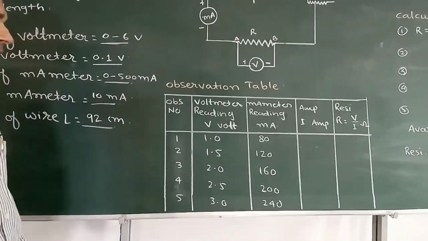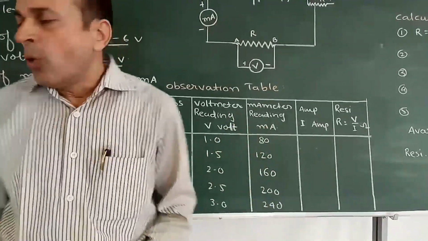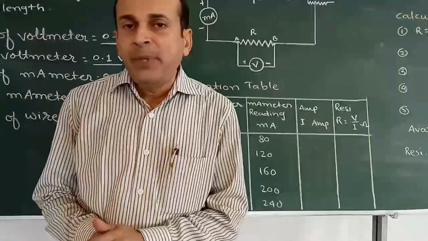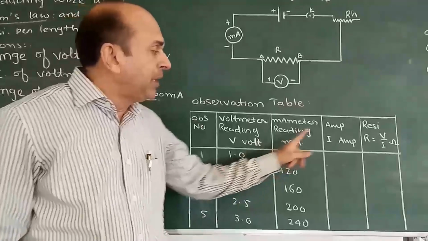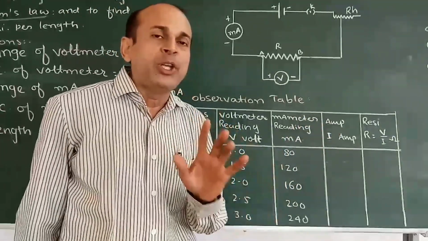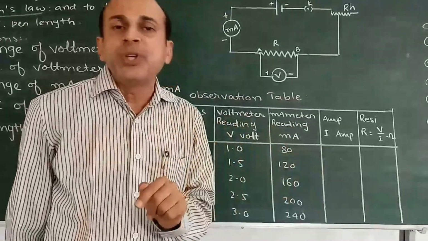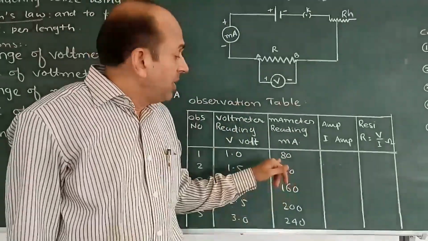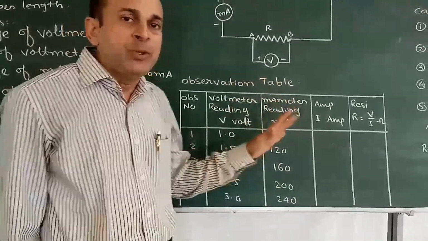Now here this current is given in milliamperes, while Ohm's law states voltage to ampere, not voltage to milliampere. So first we have to convert the milliampere into ampere, and as you know the relation, milliampere divided by 1000 will be ampere. So multiplying by 10⁻³ or dividing by 1000 gives you the ampere.